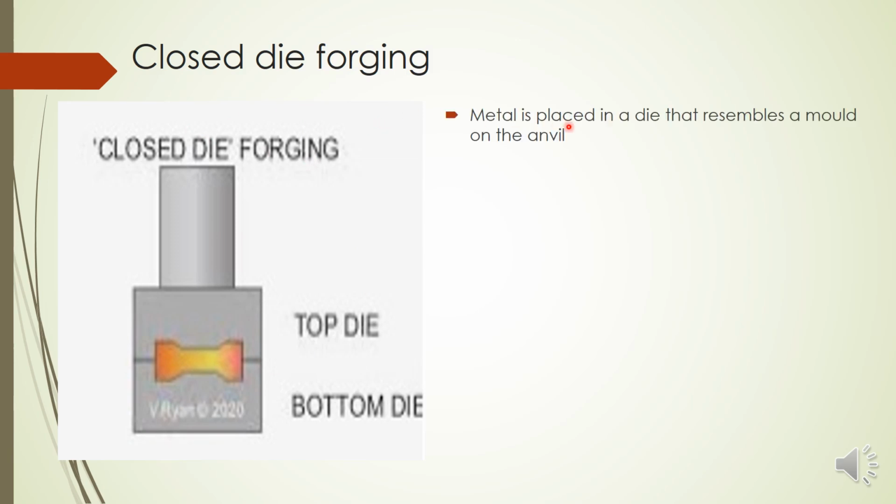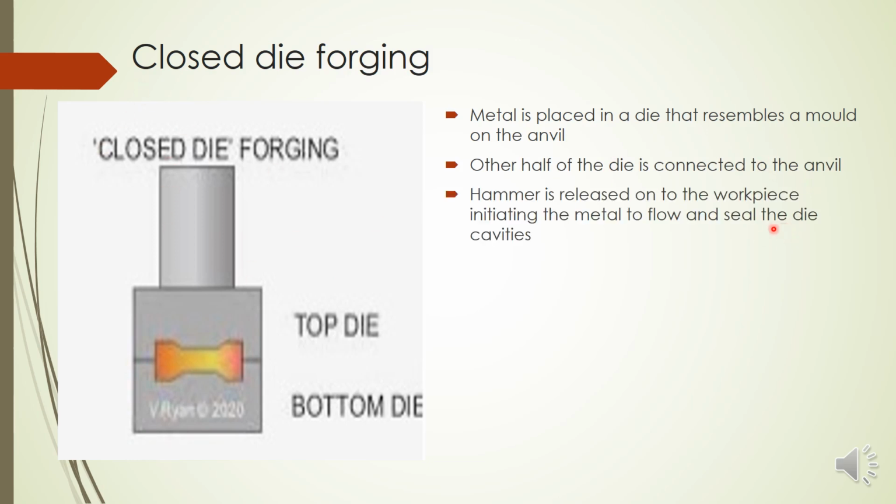So in closed die forging, the metal is placed in a die that resembles a mold. In casting, you have studied what a mold is. Similar to that, here the die has a cavity. That's why it resembles a mold. The other half of the die is connected to the press or hammer.